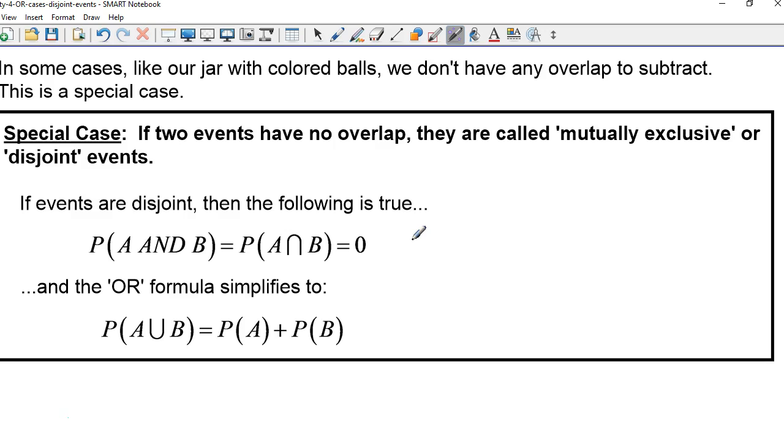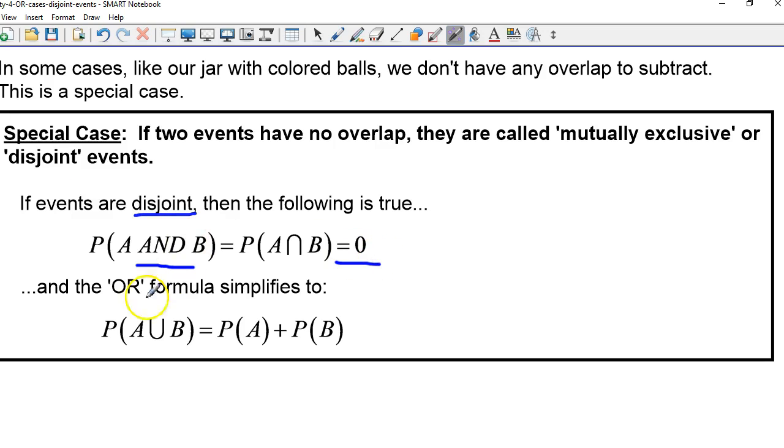Okay, but in some special cases, like in our jar with colored balls, we don't have any overlap to subtract. That's really a special case of the OR situation, so we have a name for that. If two events have no overlap, then they're called mutually exclusive events, or sometimes we call that disjoint events. Right? So if events are disjoint, then the following is true. The probability of A and B is 0.